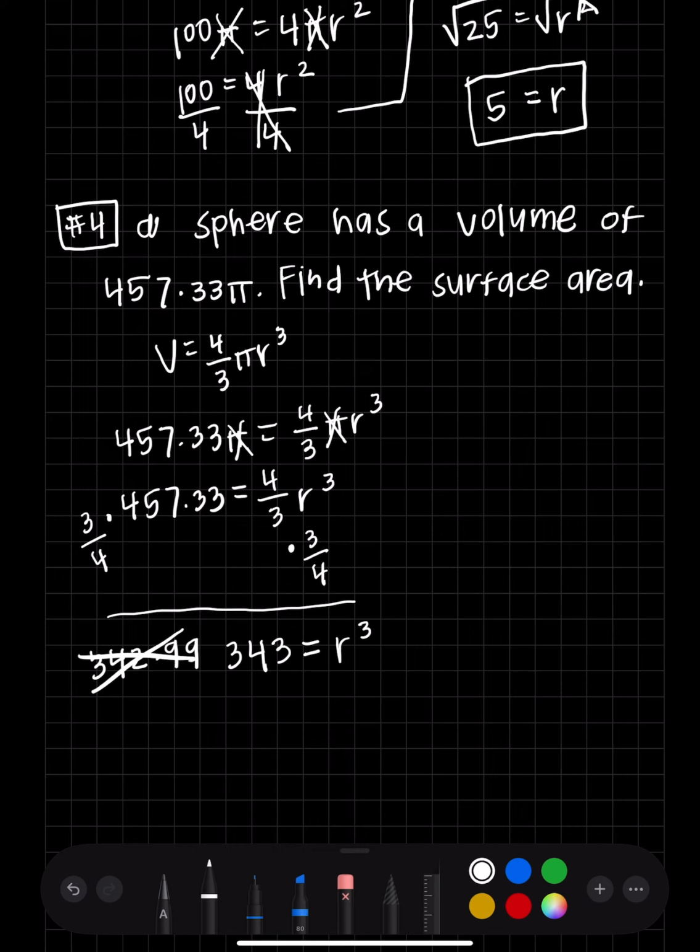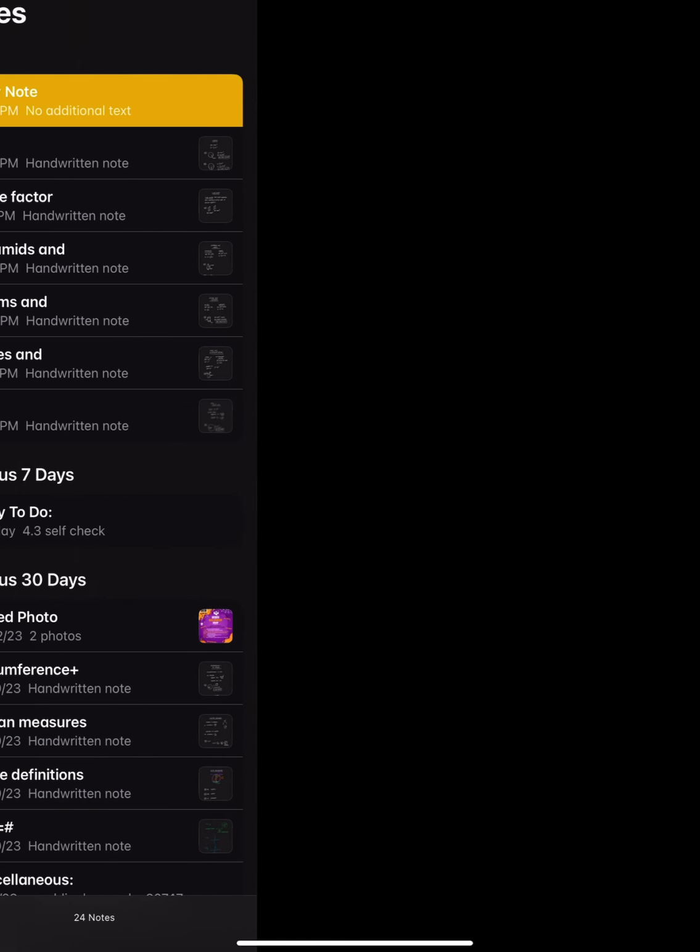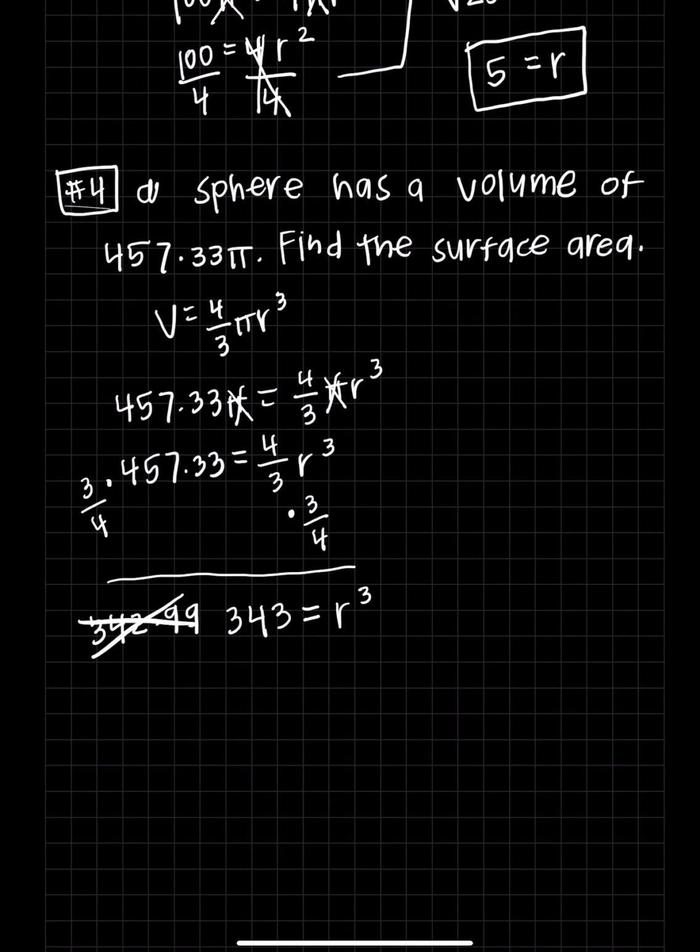Then what we're going to do is get rid of the cubed, and to get rid of the cubed we have to cube root it. Sorry guys, I don't know what just happened. So we're going to cube root each side.